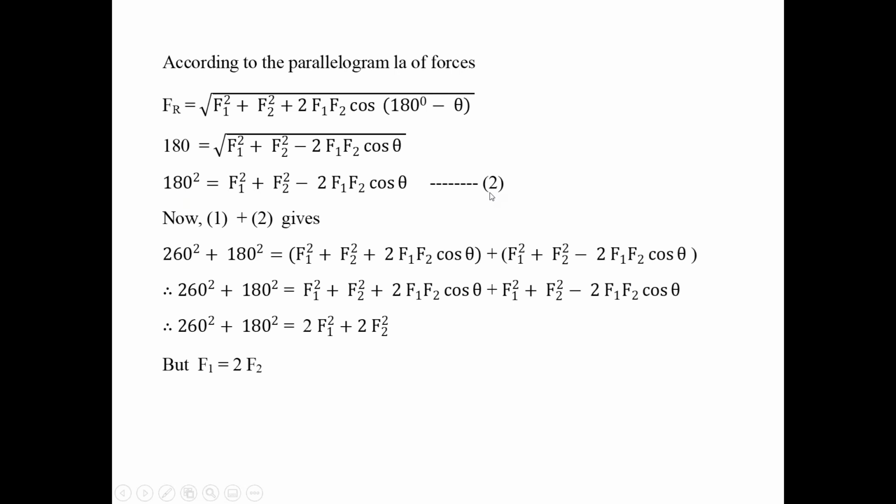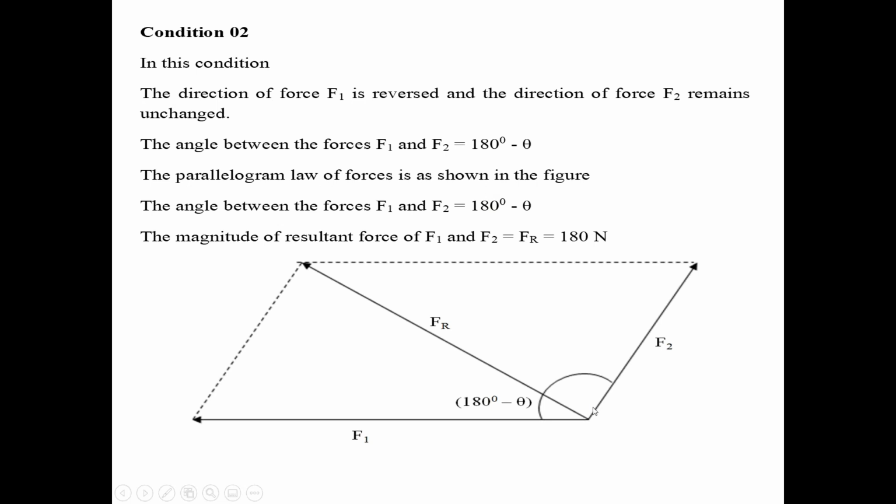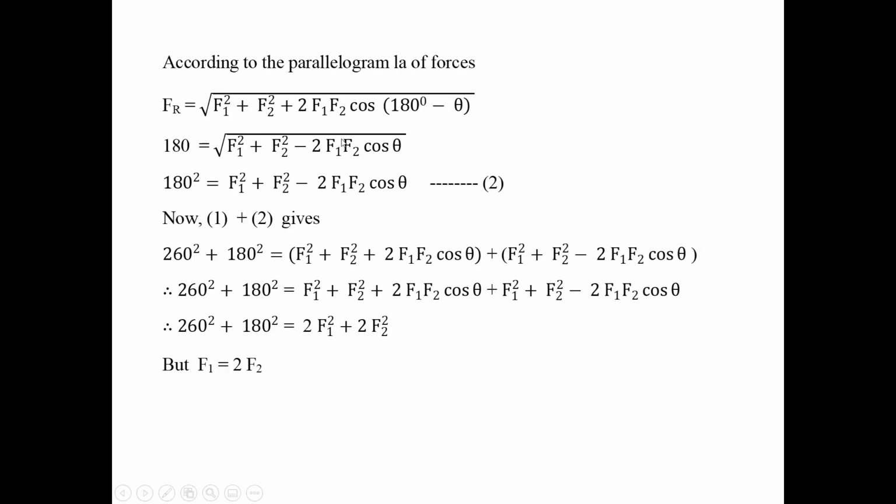Equation 2. So in the second condition, if the direction of the force F1, the larger force, is reversed, the angle between the forces F1, F2 becomes 180 minus theta. Apply the parallelogram law. Resultant force magnitude is root of F1 square plus F2 square plus 2F1 F2 cos 180 minus theta.